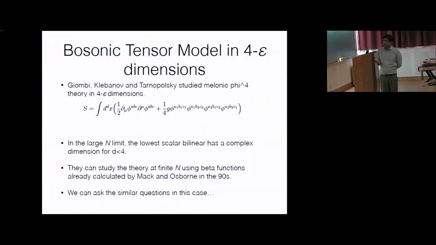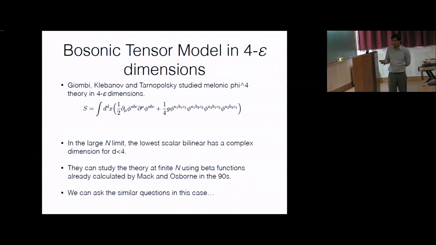Okay, so as I said earlier, Giombi, Klebanov, and Tarnopolsky studied the melonic phi-4 theory in 4 minus epsilon dimensions. And they found that there's a complex dimension for d less than 4, unlike in our case where there's a real spectrum for d less than 2.